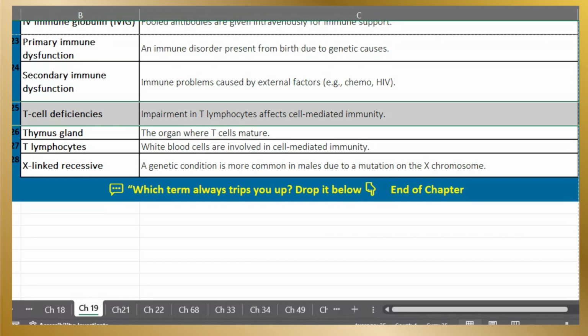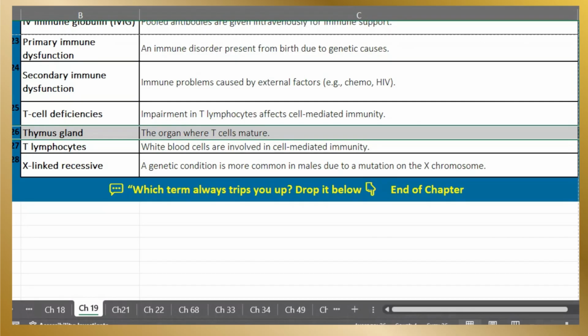Thymus gland is the organ where the T cells mature. So thymus, you think thymus, T. They're both T, starts with a T. So it's the T cell training.